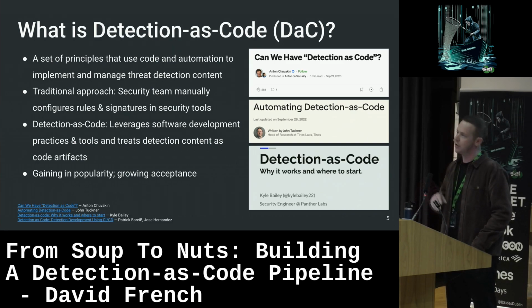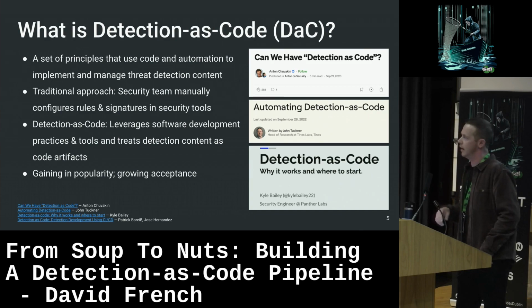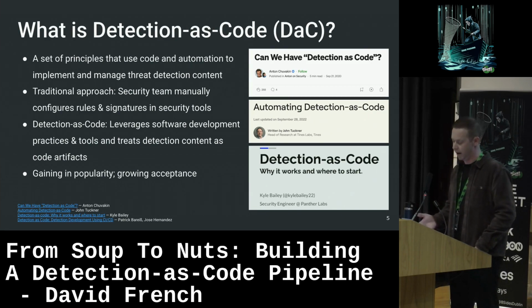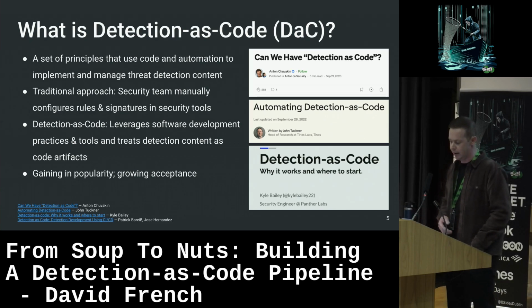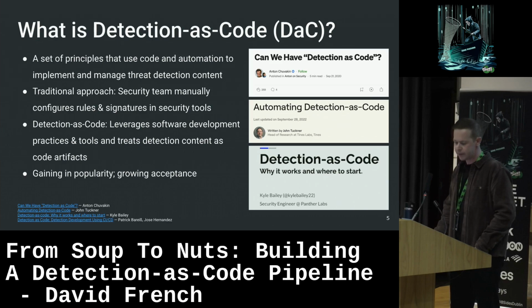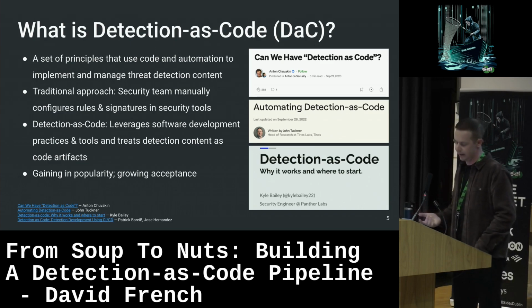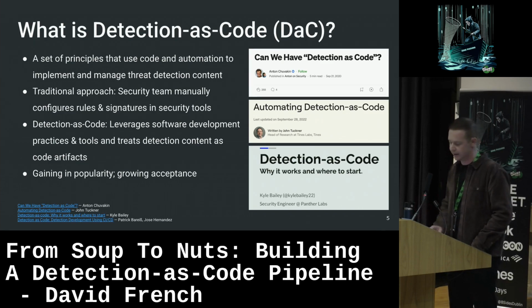And then with detection as code, we're leveraging DevOps software development practices that have been around for a while, using CI/CD tools and automation. This has been gaining in popularity the last 4 to 5 years. And if you're new to this, I've included some links here to existing work, and I can share the slides later. It's stuff that's inspired me as I've worked on this at a few companies.